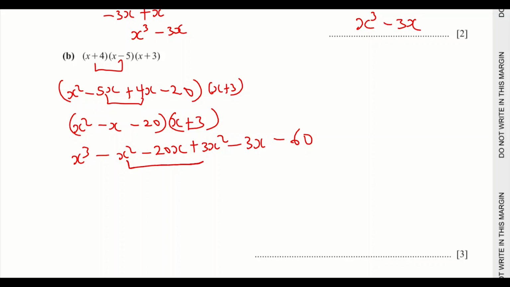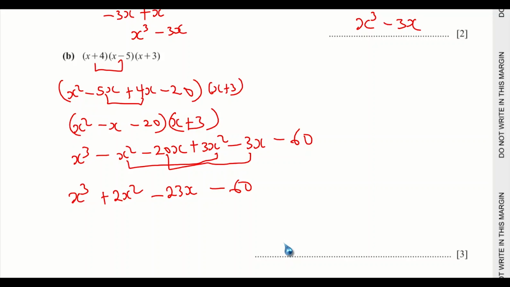So we have x cubed, then minus x squared plus 3x squared, that will be plus 2x squared. Also we have minus 20x minus 3x, so that will be minus 23x, then minus 60. So this will be the final answer.